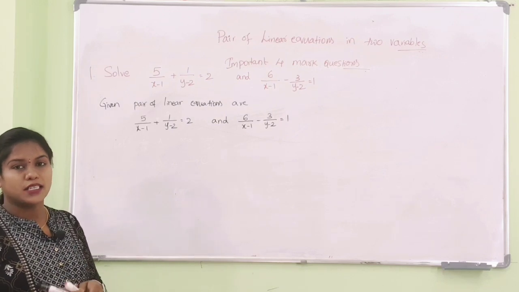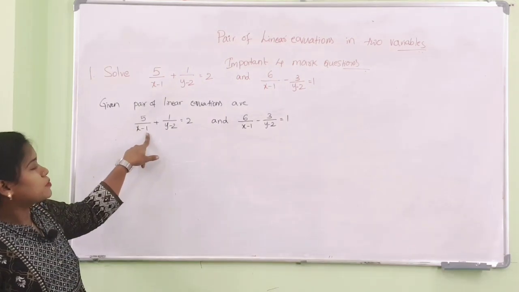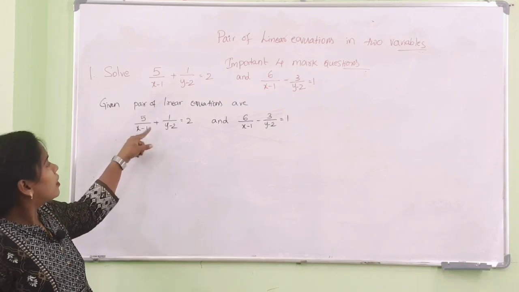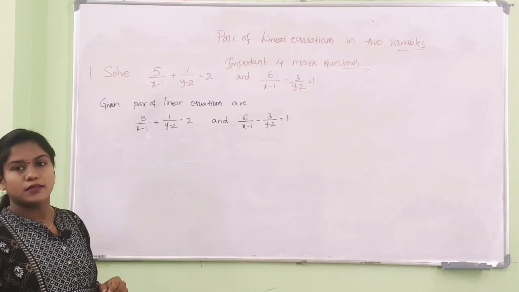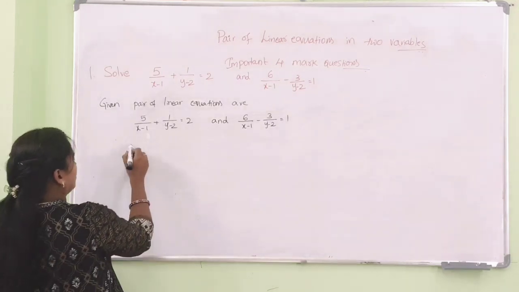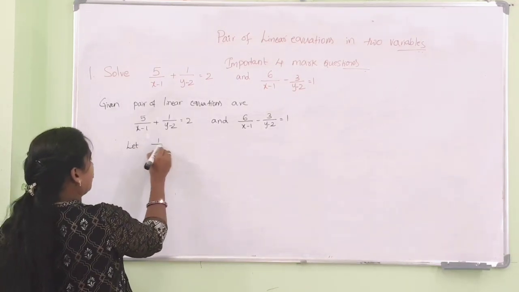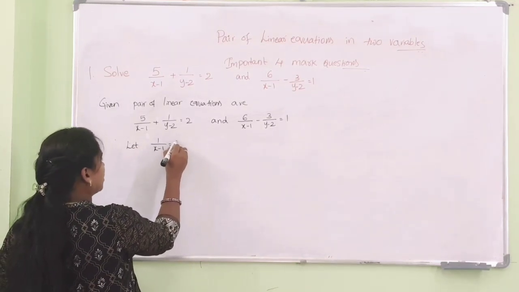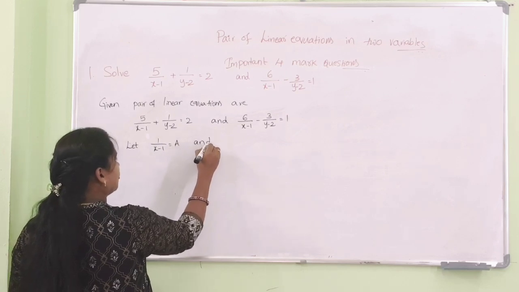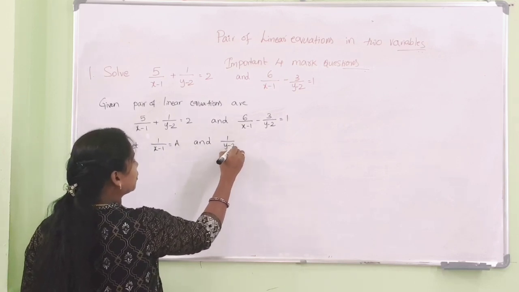Here we have to consider 1 by x minus 1 as a and 1 by y minus 2 as b. Let 1 by x minus 1 is equals to a and 1 by y minus 2 is equals to b.